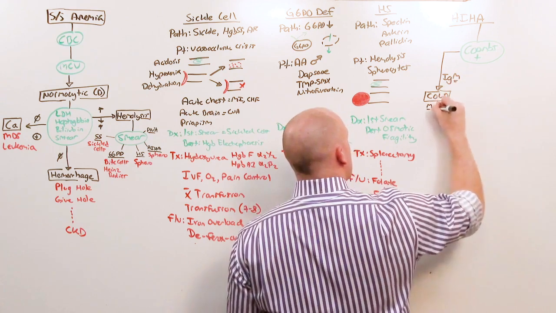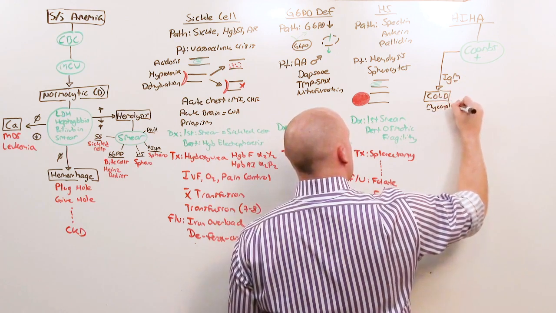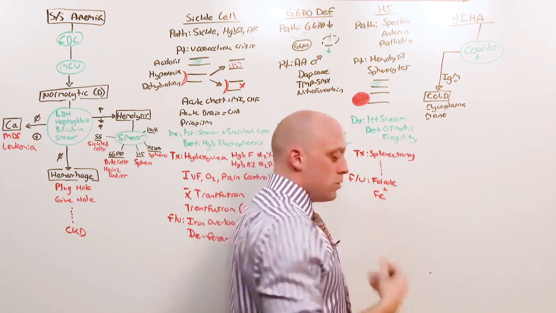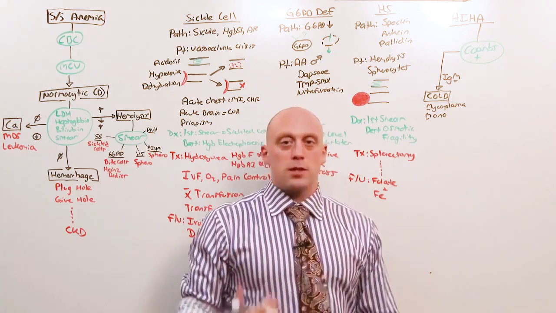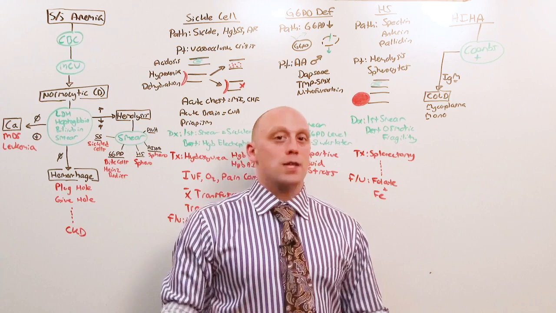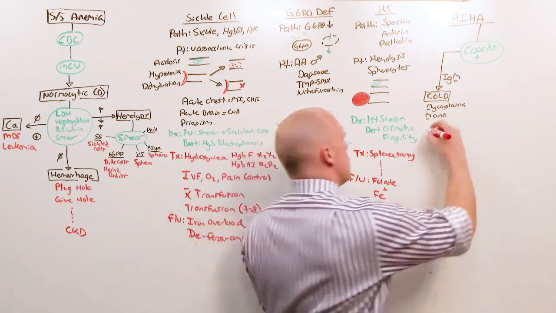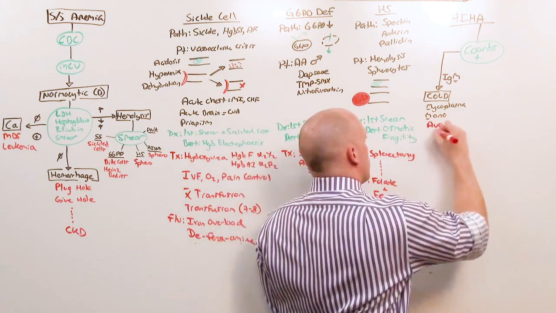IgM, associations with mycoplasma and mono. Cold autoimmune hemolytic anemia causes hemolytic anemia in extremities when it's cold. So you just avoid the cold and it's not a problem.